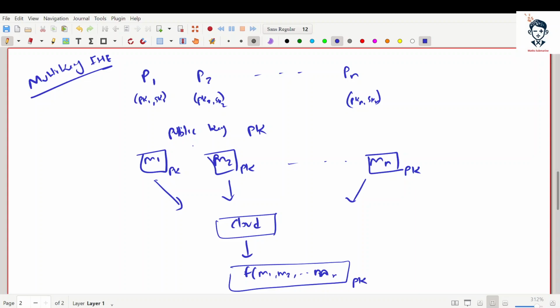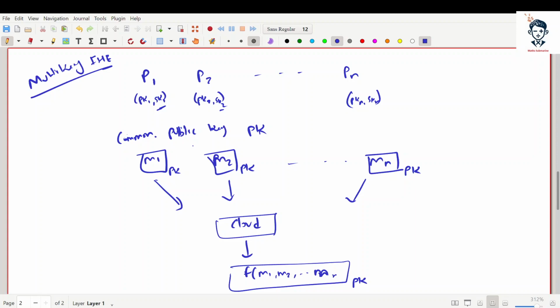Now the next part is to decrypt. It is encrypted by PK, which is the common public key for all. To decrypt this we need the secret keys of all: SK1, SK2, every secret key is required. That means only one person cannot decrypt it.